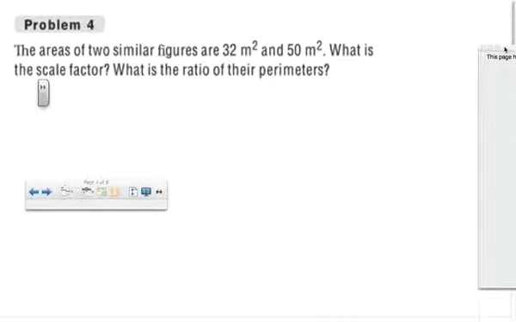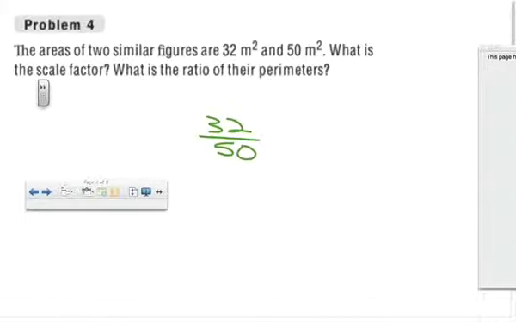This time, notice we're asked to work backwards, gentlemen and ladies. We know the areas of these figures. We're asked for their scale factor. How will I do that? Right. Okay, but looking at this ratio, 32/50, and thinking about taking the square root of that, maybe you're already going, ew, that's not going to work out so pretty.